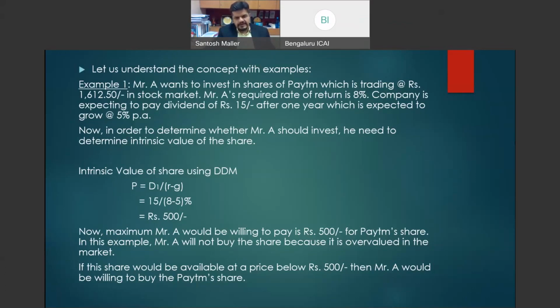Whether it's 8%, whether you'll be happy. For example, the average fixed deposit rate today is in the range of 5 to 6% maximum. So if you want a risk premium on that, maybe top it up by 2% more. So 8% becomes your expected rate of return. What is 5%?